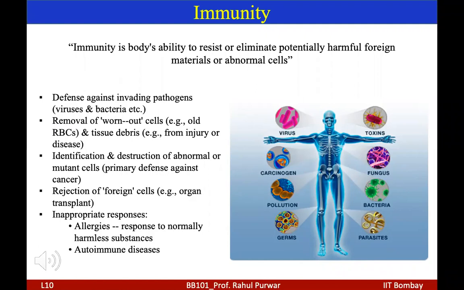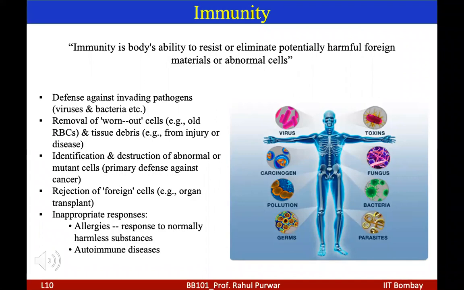Rejection of foreign cells. You might have heard that you cannot simply donate your blood or your organs to another person, because for the other person, your body is foreign. Especially with organ transplants, liver or kidney, anybody cannot donate to anyone.